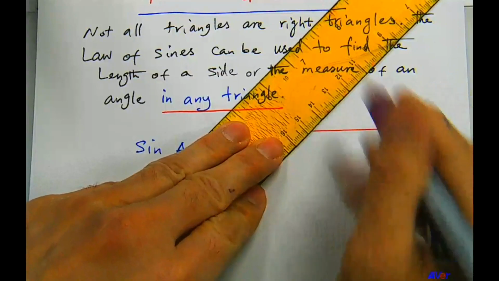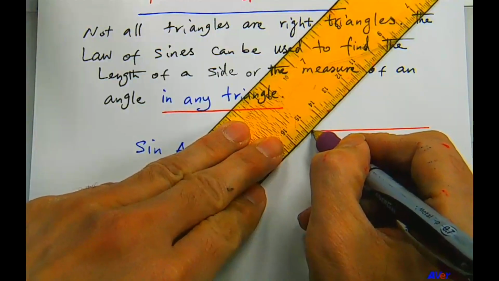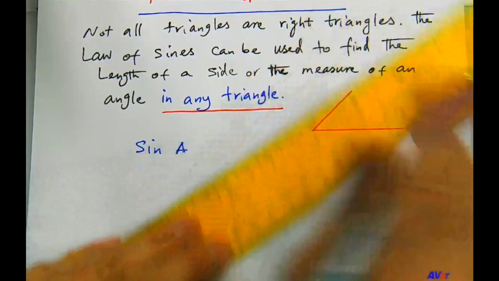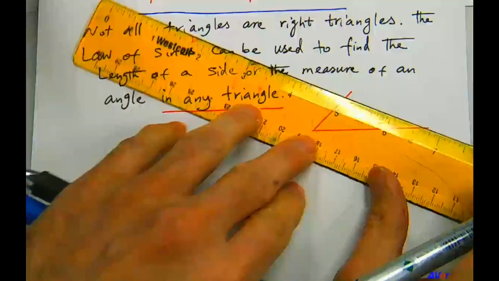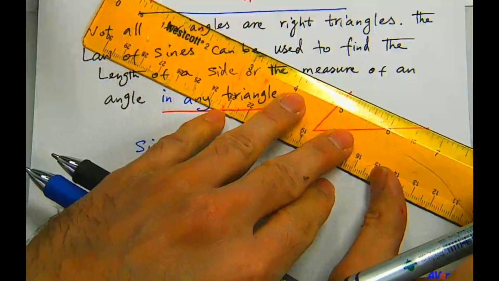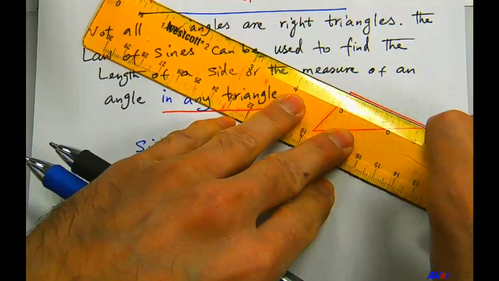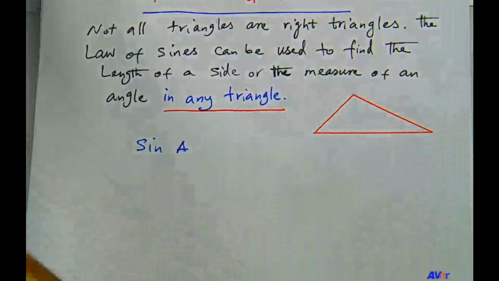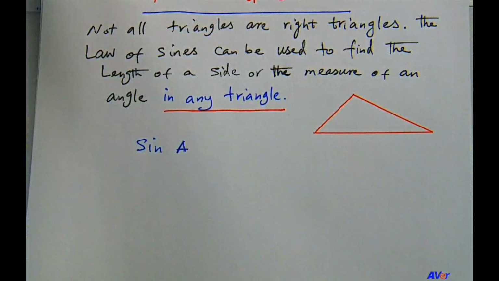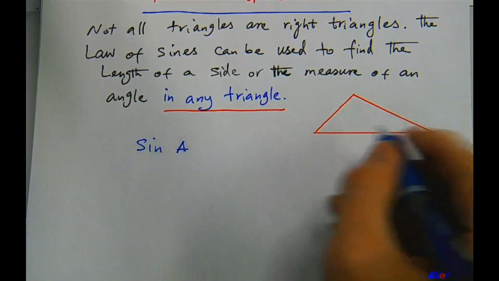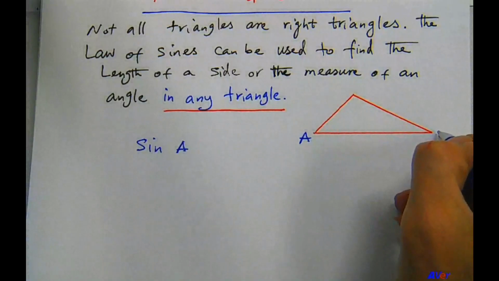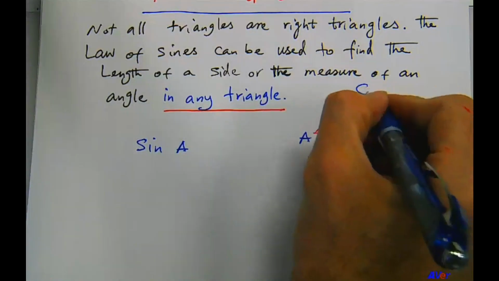And a line that goes like this, maybe, and a line that goes like that. Like this. Okay, so labeling these, we have A, B, and C.